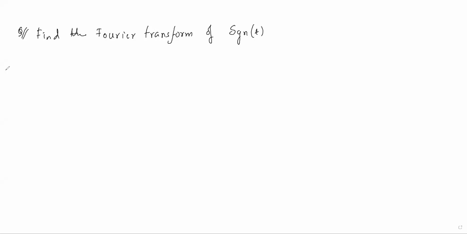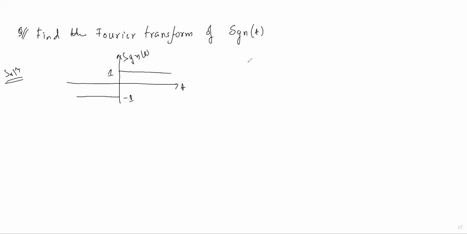What is sgn(t)? It is the signum function. The signum function says that for a positive time duration the value is 1, and for a negative time duration the value is -1. This is called the signum function.